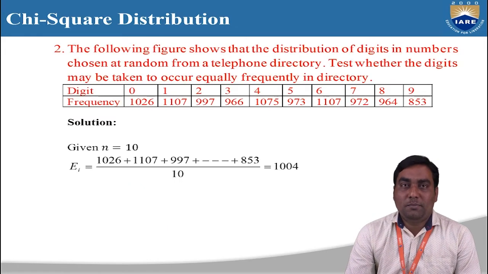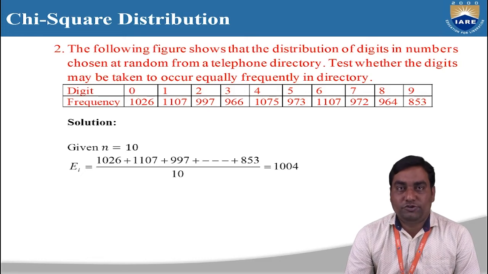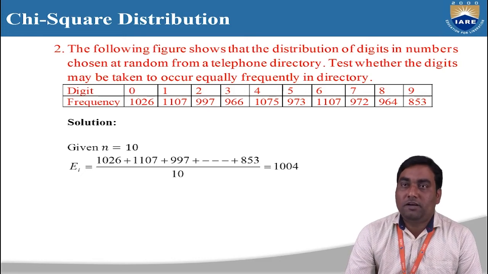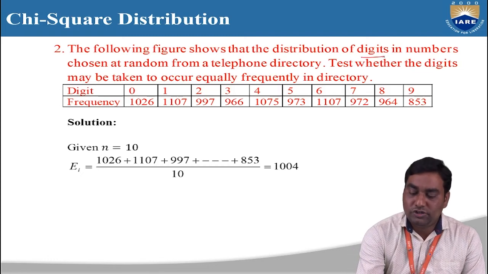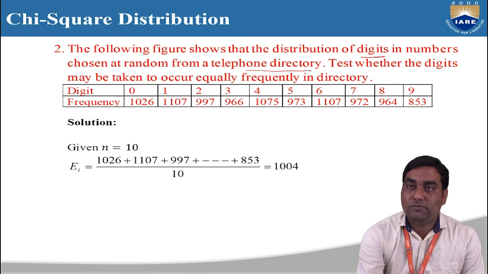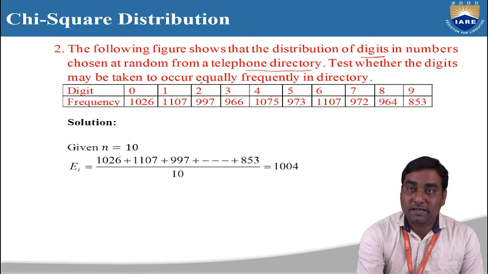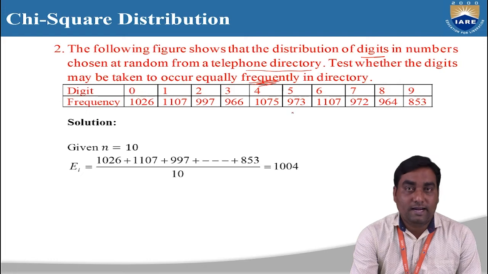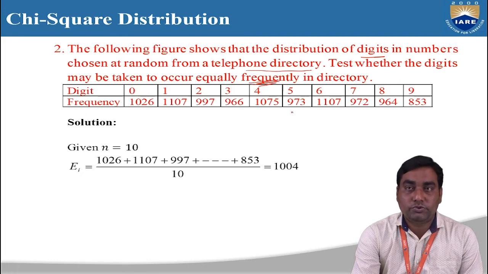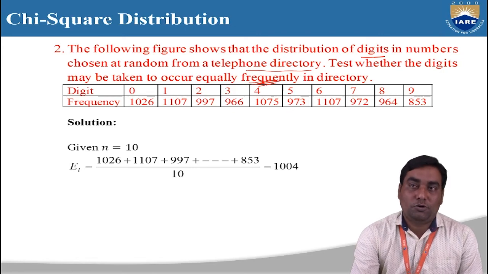Now going to the second problem on chi-square distribution. The statement of the problem is: the following figure shows the distribution of digits in numbers chosen at random from a telephone directory. Test whether the digits may be taken to occur equally frequently. Frequency is given, so we are going to use the chi-square test to solve this problem.